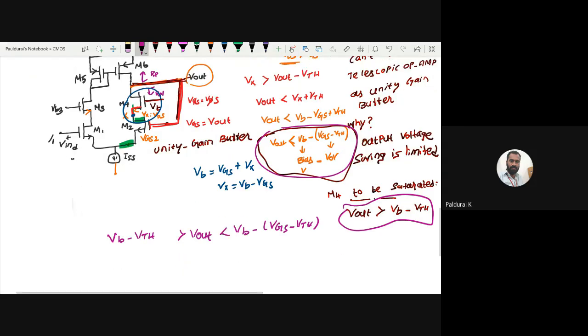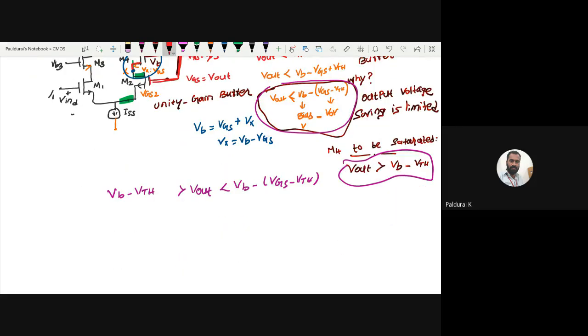Now can you sketch this? You can realize, so I am sketching it here. V out is VB minus some value. So here I am taking VB. Here I am taking VB minus VTH. But what about this limit? Anyone?